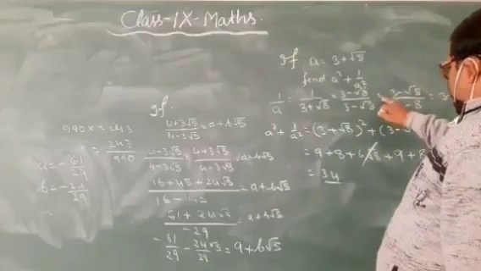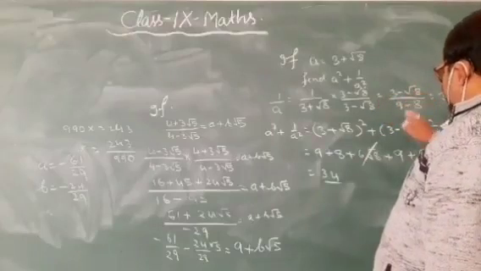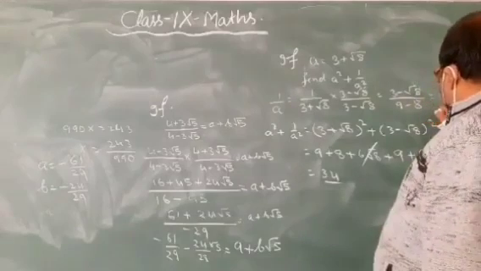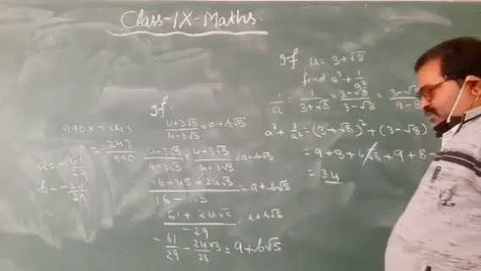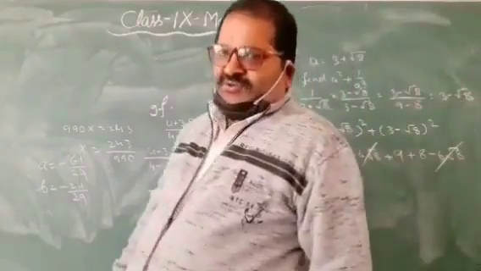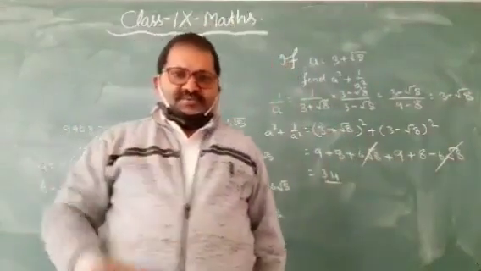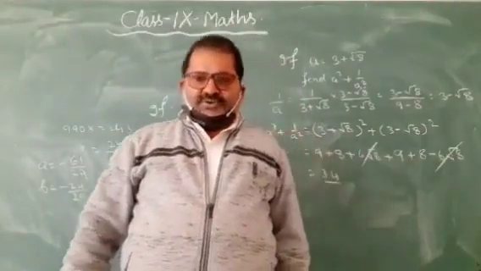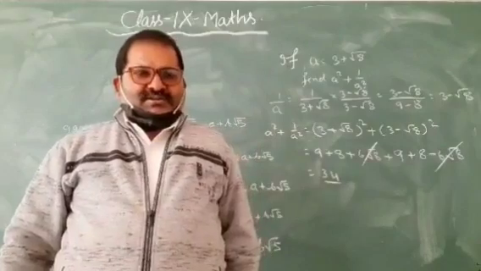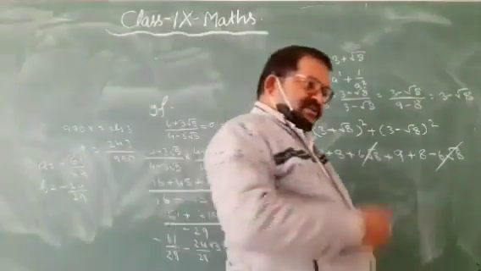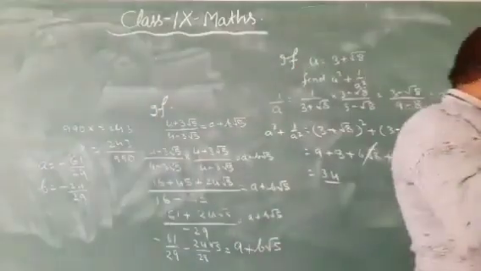That's equal to 3 minus root 8 upon 9 minus 8, equal to 3 minus root 8. So the value of a equal to 3 plus root 8 and the value of 1 upon a equal to 3 minus under root 8.